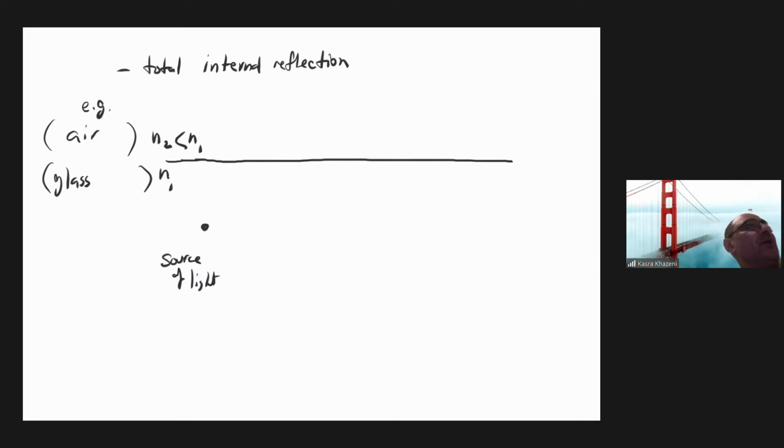Let's follow a ray of light that just goes in like that. If you remember the law of refraction, when a ray of light goes from a higher index to a lower index, it bends towards the normal.